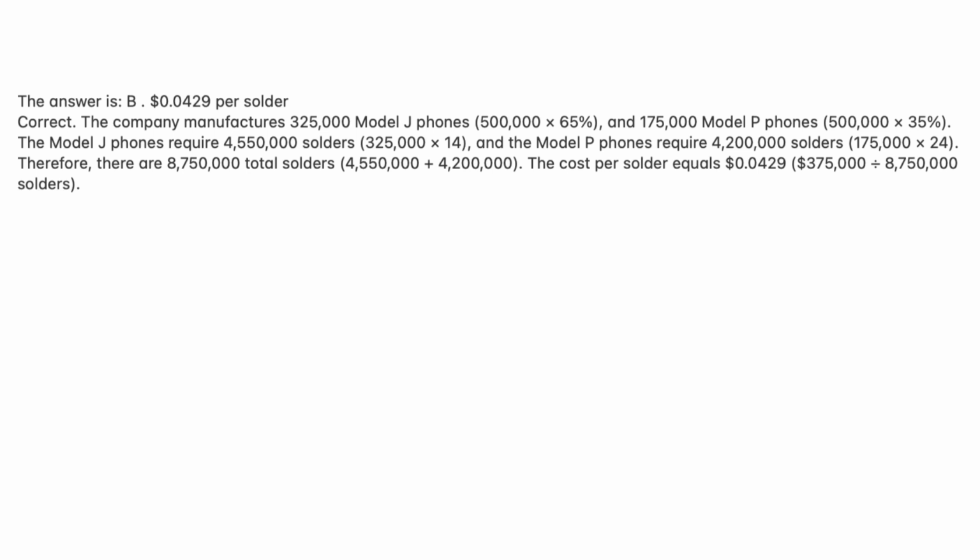Therefore, there are 8,750,000 total solders, 4,550,000 plus 4,200,000. The cost per solder equals $0.0429, $375,000 divided by 8,750,000 solders.